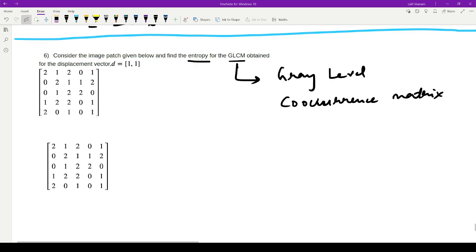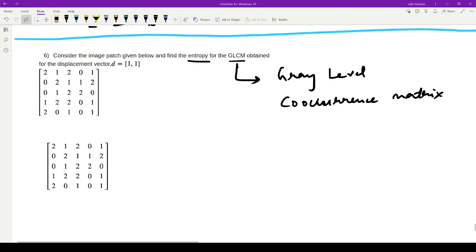So it's a co-occurrence matrix, and we deal with gray level intensities. We don't deal with color intensity values for the course, at least, or not just the course. The original method was defined for gray level, so that's how the name turned out to be gray level co-occurrence matrix.